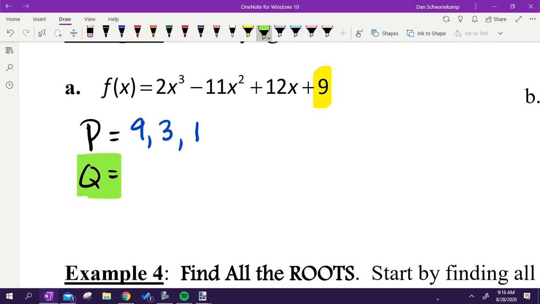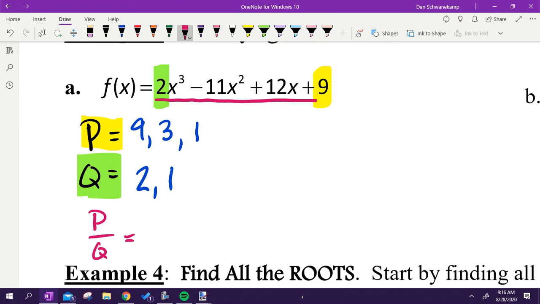My Q represents whatever is our leading coefficient. So in this case, it is the number 2. So I'm going to list the number 2 and all of the numbers that multiply together to get me 2. So 2 and 1.